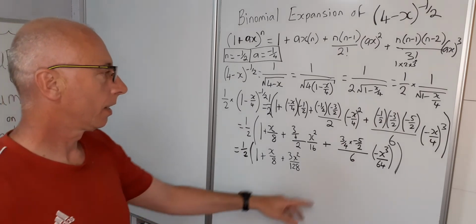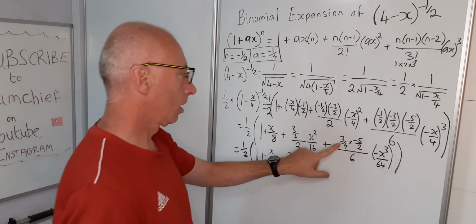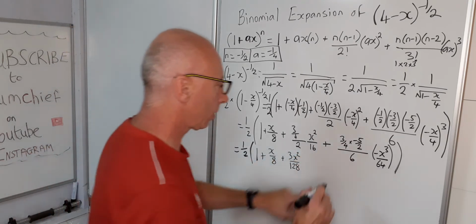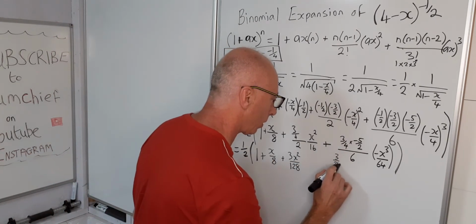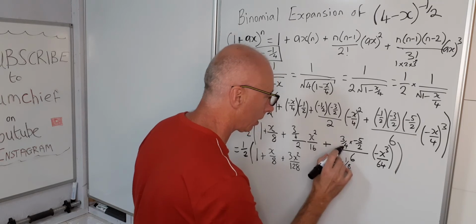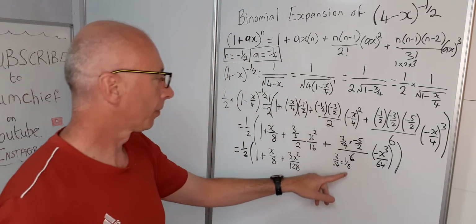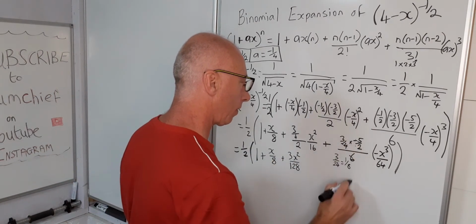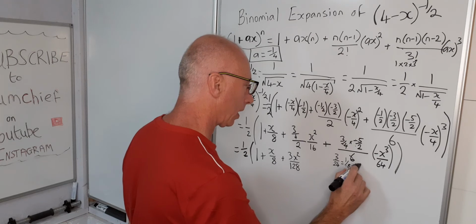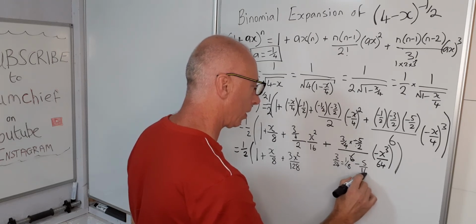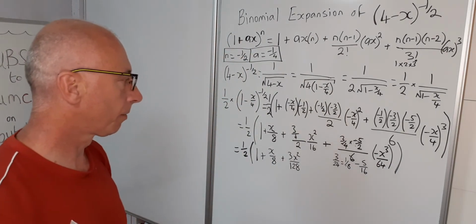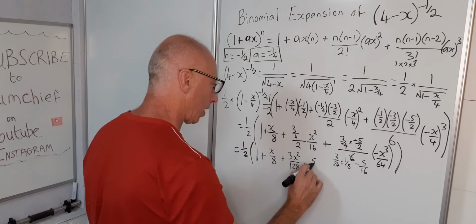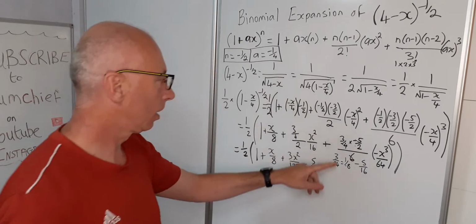Okay, so next one. Let's work this one out. 3/4 divided by 6, that's going to give us 3/24, which is 1/8. So that's those 2 sorted. And then times by minus 5/2. So minus 5/2 times 1/8 is going to give us minus 5/16.